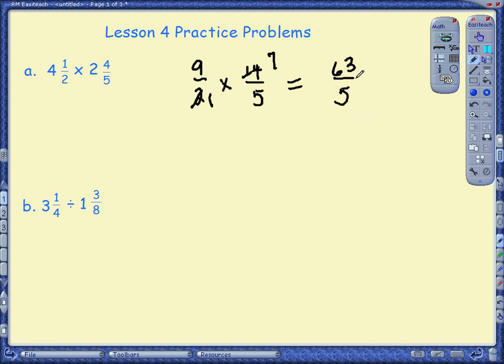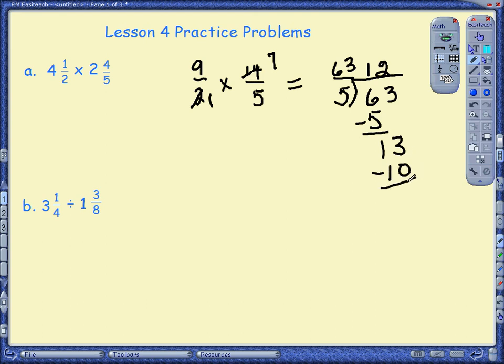Now we want to change this back to a mixed number. So what we do is we make a division sign by the denominator, and we put the numerator under that division sign. 5 goes into 6 once. 1 times 5 is 5, and then we subtract and bring down the 3. 5 goes into 13 twice. 2 times 5 is 10.